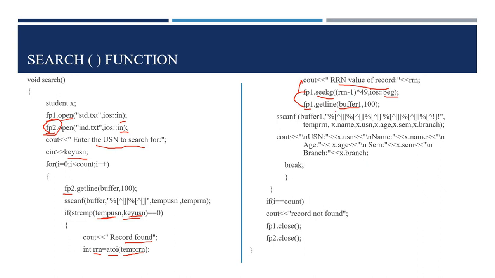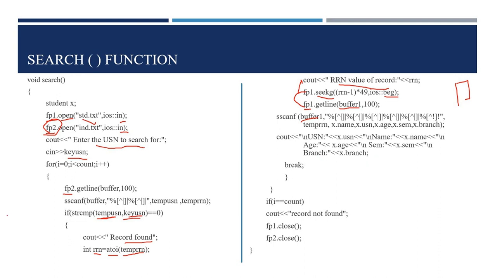Using the index value, it searches the actual contents of the actual file. It will scan from buffer 1 for the temporary RRN, identified with the name, USN, age, semester and branch. As the record is found, the data of USN, name, age, semester, branch are displayed.